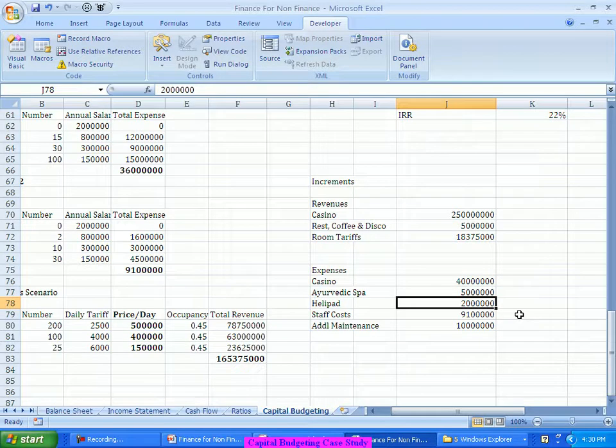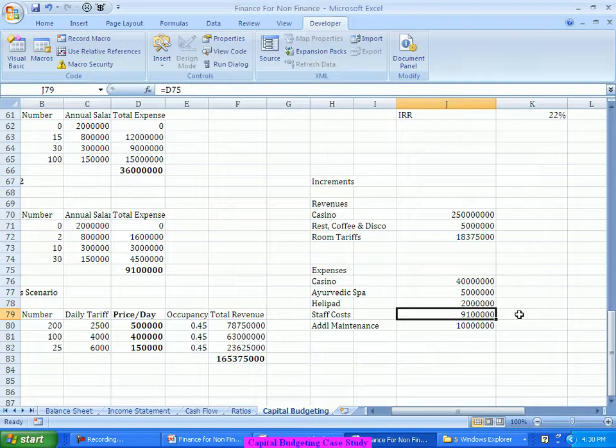Helipad, 20 lakhs, one time. And the staff costs are increased by 91 lakhs, because you are recruiting 2 B grade staff, 10 C grade staff. So there is an increment of 91 lakhs, but this will be every year. And additional maintenance cost is coming out to 1 crore.